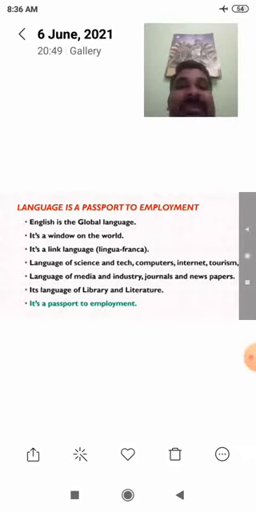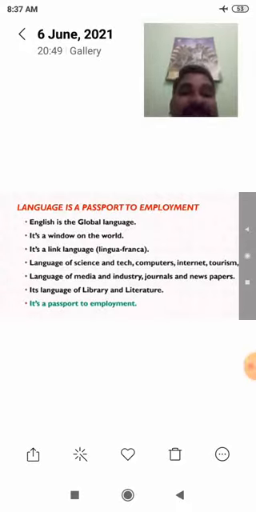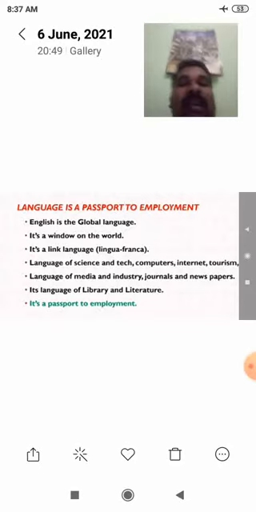This English language also has a literature. It has some history, when it started, where it came from. The whole history is there. It is a passport to employment. If you want to go anywhere, the passport for you is only the language. Because of that, I'm saying English is the global language.